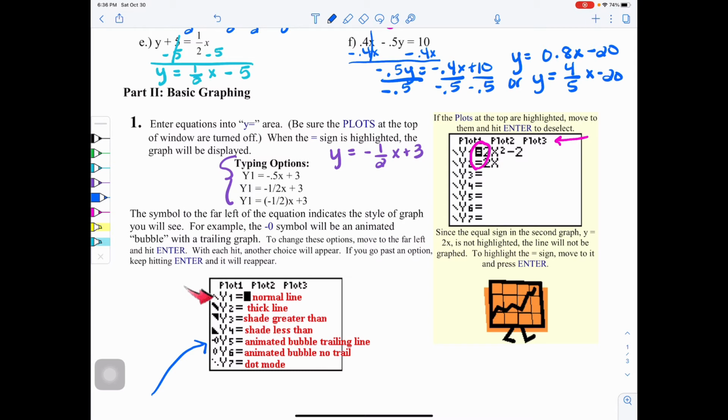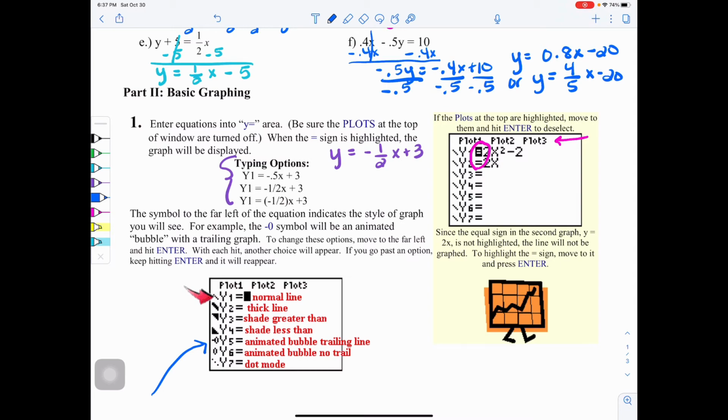Either way, you go to the left of those Y1, Y2, etc. using your arrows, and you hit enter to change what they look like. So if you have an older version, you can switch between a bolder line, a dotted line, and a regular line. And again, on the color edition, you can change to different colors if you're graphing more than one line on the grid.